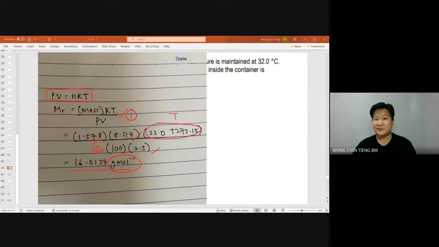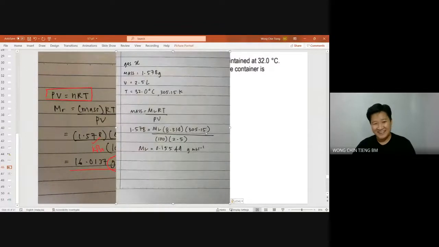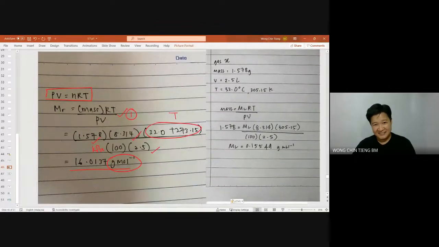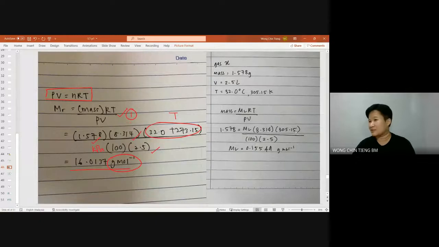Doa tak ikhlas kot. Macam tak jadi je doa saya. Jawapan salah, kamu akan salah terus, hilang satu markah tu. Okay, so like I said yesterday, you need to work even harder.